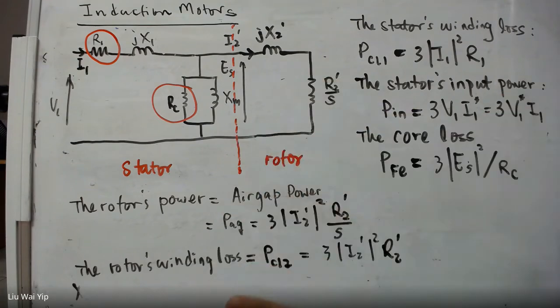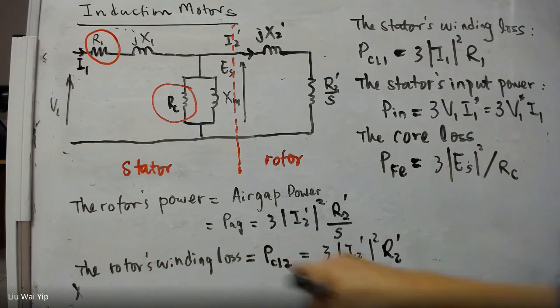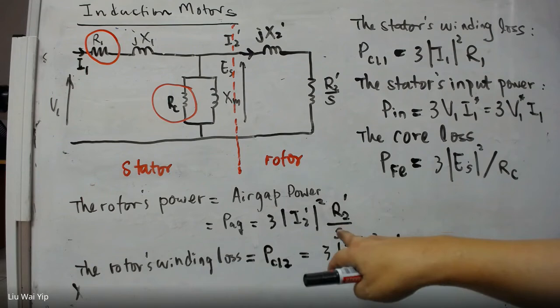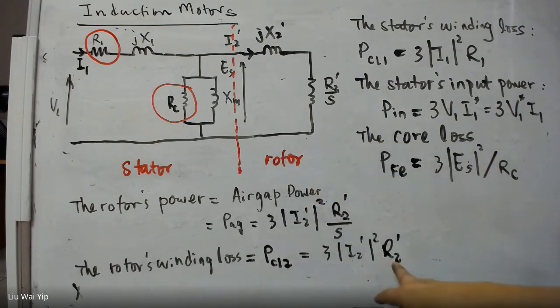For the time being, let's forget the friction. And we have the air gap power, which is all the power belonging to the rotor. And we also have the winding loss here.